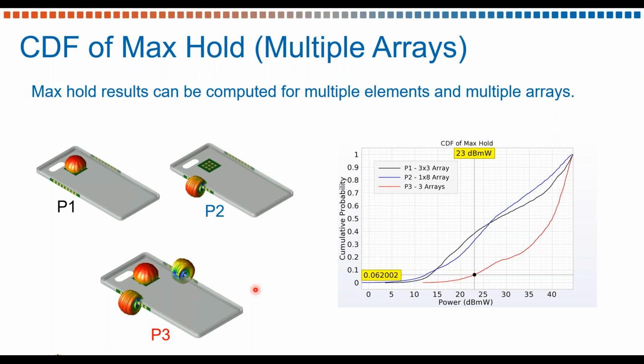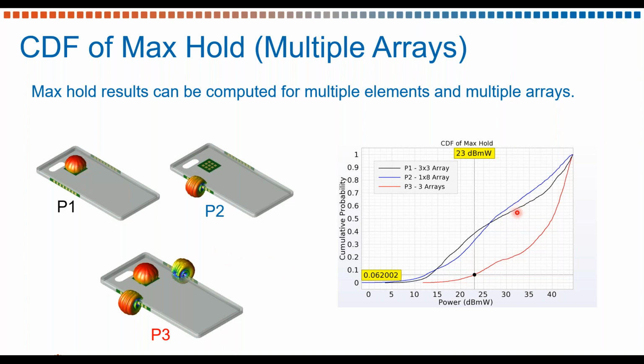In the previous case, we have seen how numerous antenna patterns can be coupled together to form a MaxHold and plot a CDF for a MaxHold. In this case, we have MaxHold generated for each of the individual antenna arrays. Here we have two 1x8 antenna arrays on the side, and one 3x3 antenna array on the back of the phone case, and we have a CDF plotted for each of these patterns.